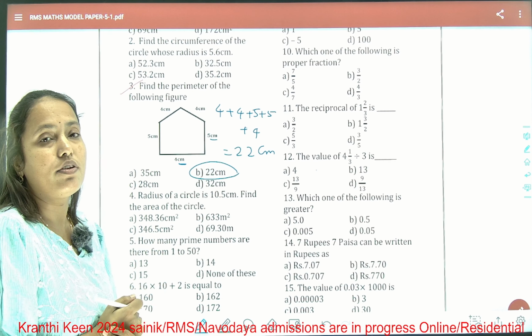Suppose one student is not reading properly. When they get the perimeter 600, they will directly give 600 as the answer. They won't wait for the cost. They found the perimeter 600, and since 600 is in the options, they will give 600 only. Suppose another student multiplies by 12 and gets 7,200.